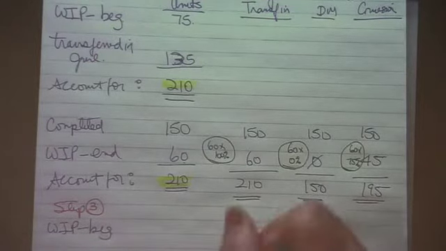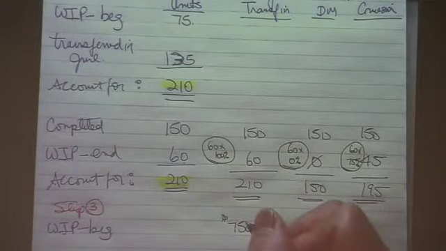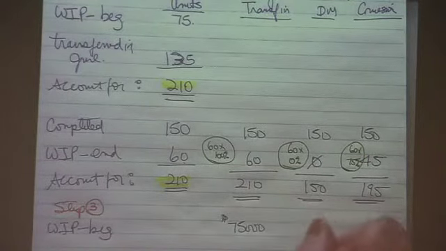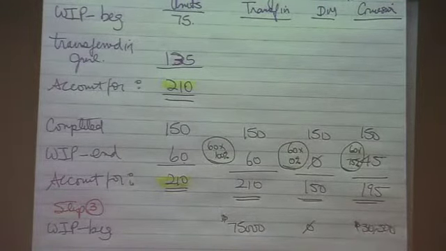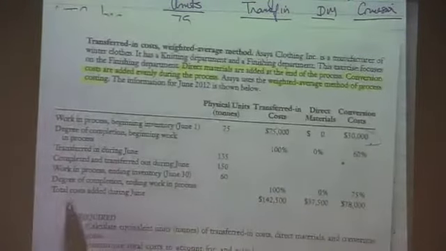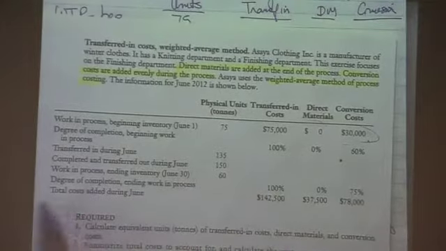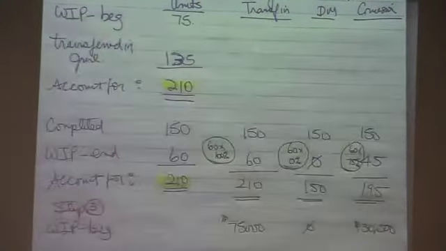So transferred in was 75. Direct materials is 0. And conversion cost is 30. Okay, that's what we were given. Now, how much was total cost added in June? It was 142, 37.5, and 78.